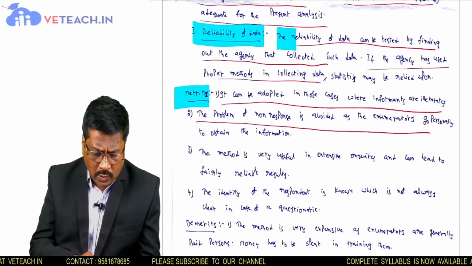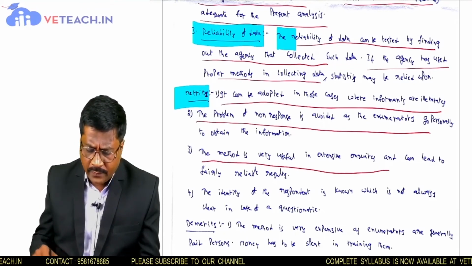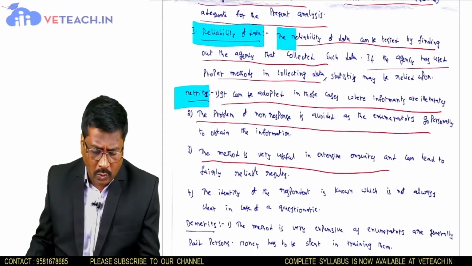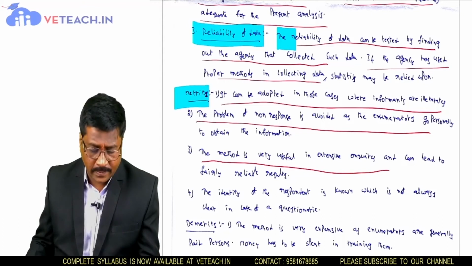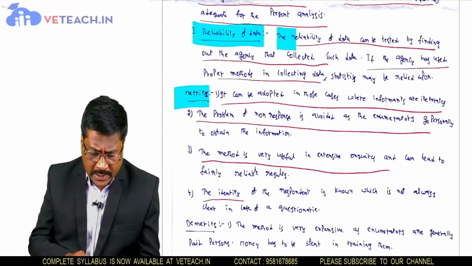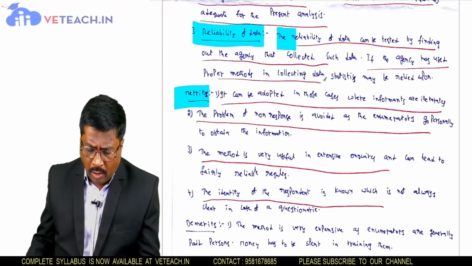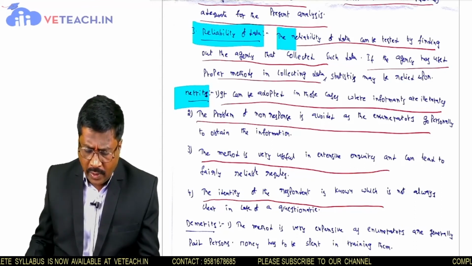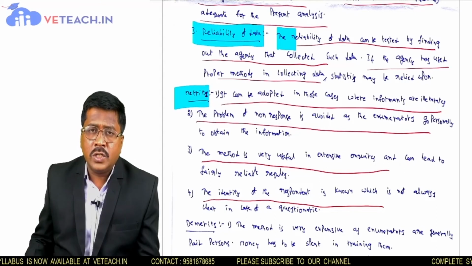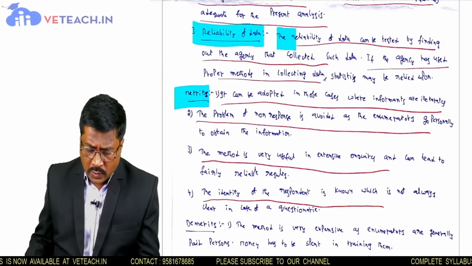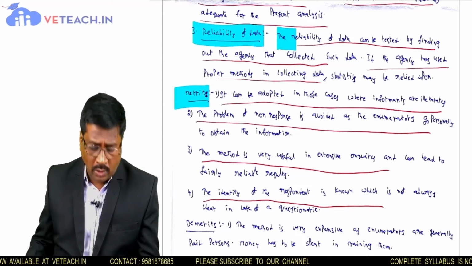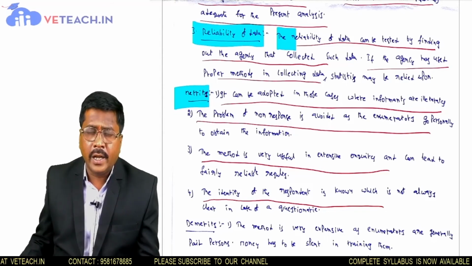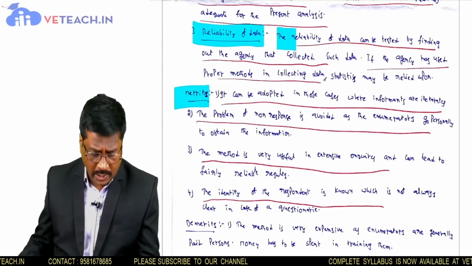The third merit is that the method is very useful in extensive inquiries and can lead to fairly reliable results. The fourth one is that the identity of the respondent is known, which is not always clear in the case of a questionnaire. Whenever a questionnaire is used, the respondent is not always clear. In that case also, the secondary data is useful for collecting the data.